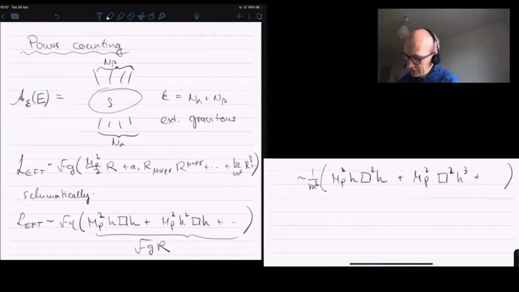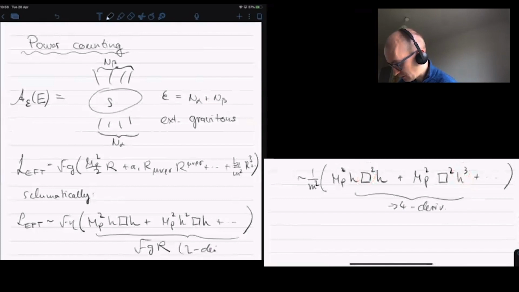So this is now an expansion which has arbitrary powers of h, but has 4 derivatives acting. So this is something like 4 derivative terms, and this, if you want, is 2 derivative terms, and of course, and so on.